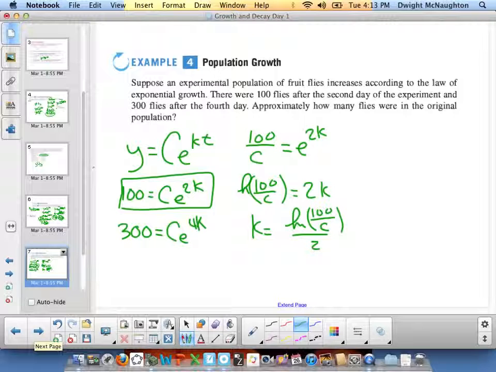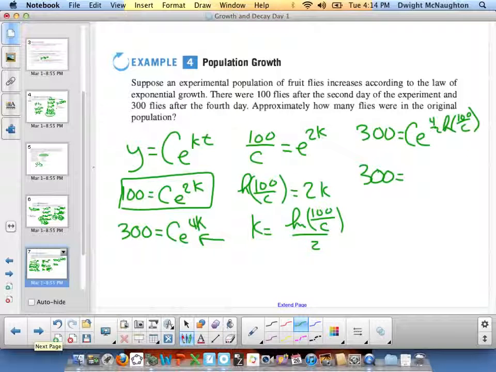All right, substitute that into the other equation. 300 equals Ce^... and this is where it gets a little tricky. 4k, really this is 2, so 4 over 2 natural log of 100 over C. Now 4 over 2 is 2. So Ce to the 2 natural log of 100 over C.